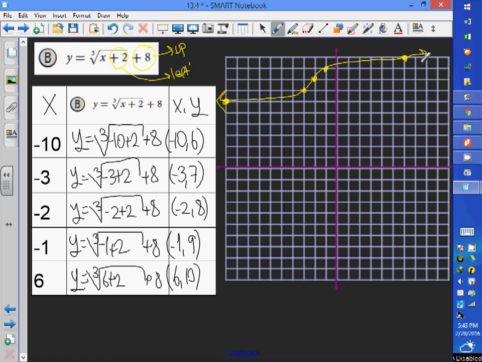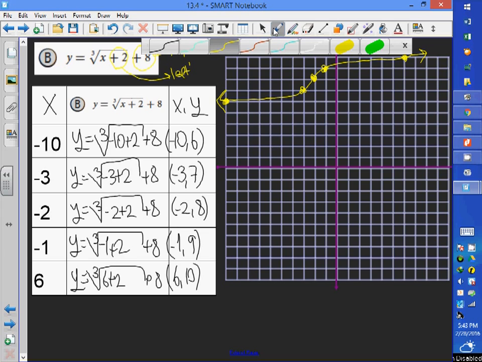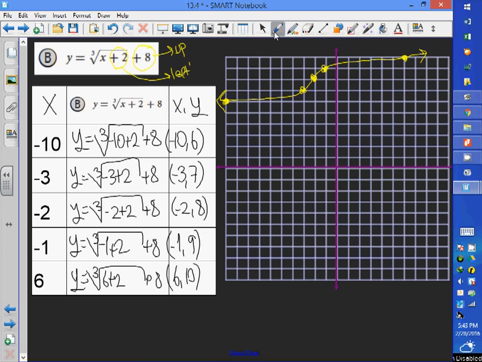Alright, so the graph is in that form. Let's make the parent function approximately. This is going to be the parent function. As you see, the graph goes 8 units up, 1, 2, 3, 4, 5, 6, 7, 8 units up, and 2 units to the left, 1 and 2.